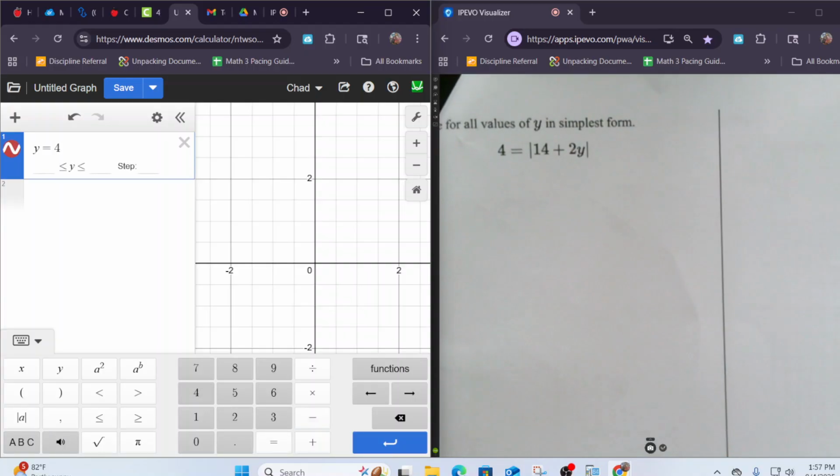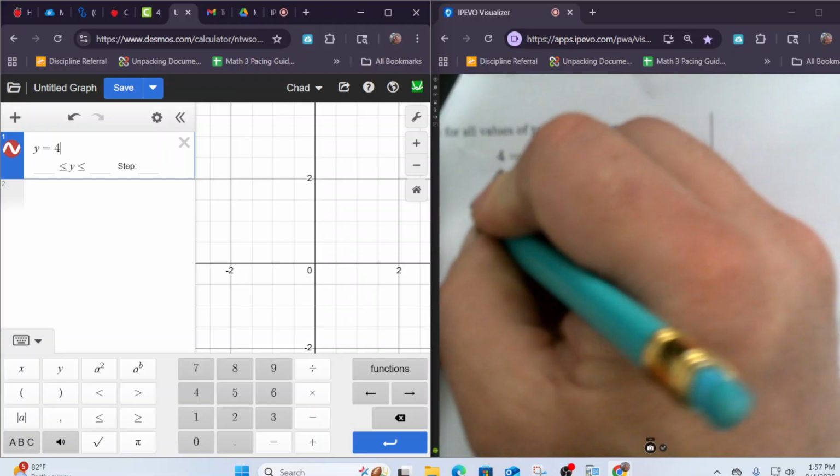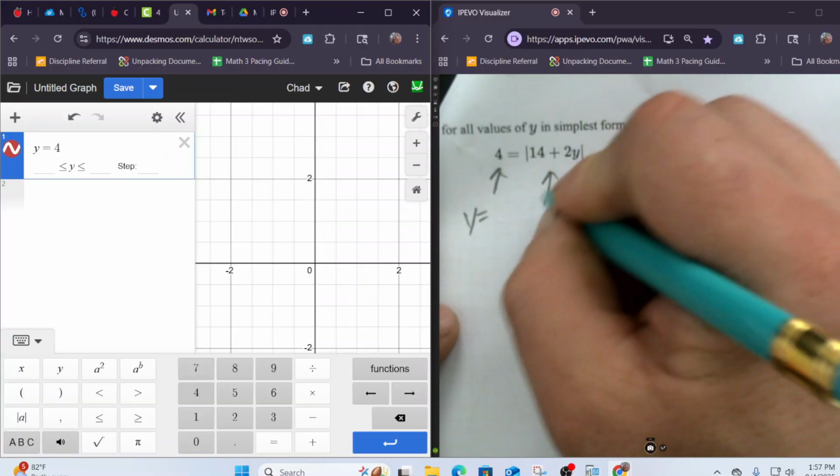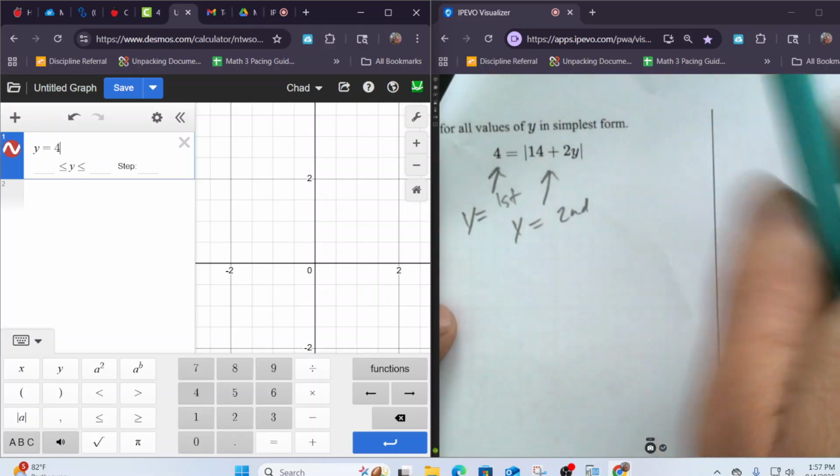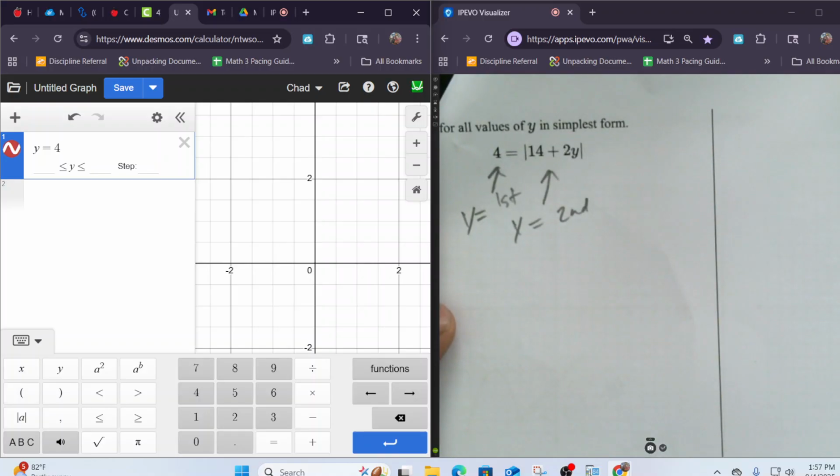Remember, y equals the left side in row 1, y equals the right side in the second row. You don't have to show any work for these. If they give you a y here, don't use that y, use an x, okay? Always use x as your independent variable. So put an x there instead of a y.